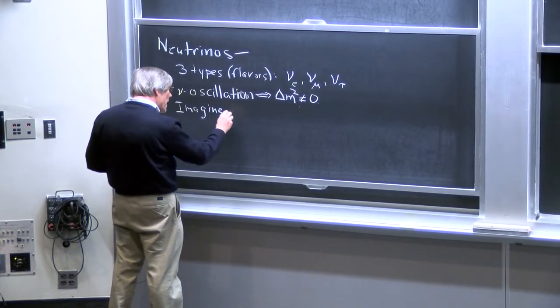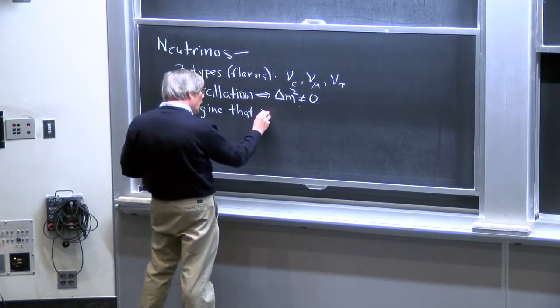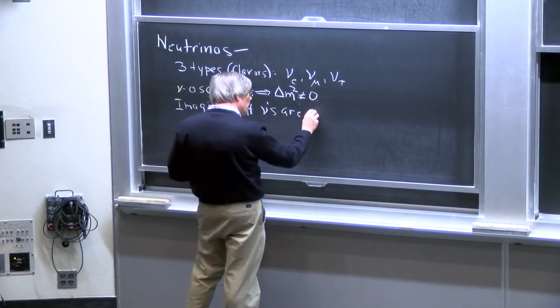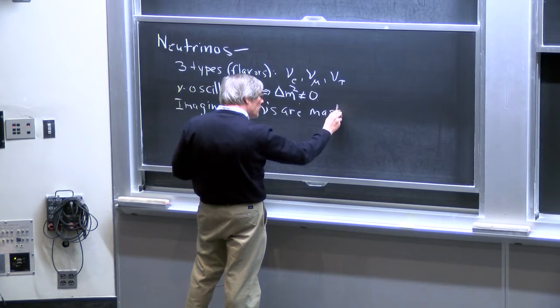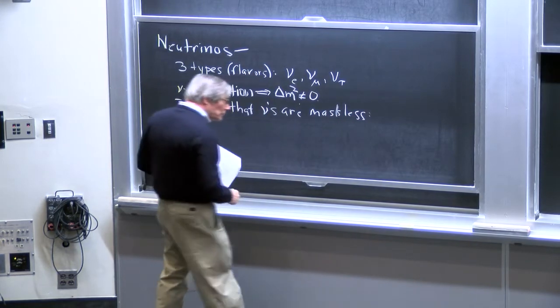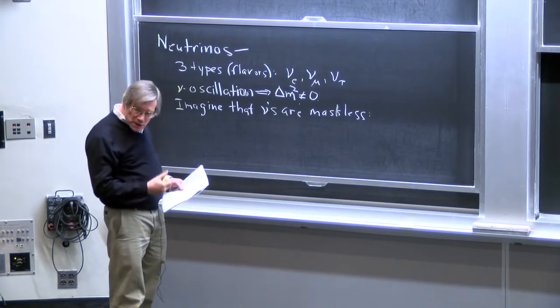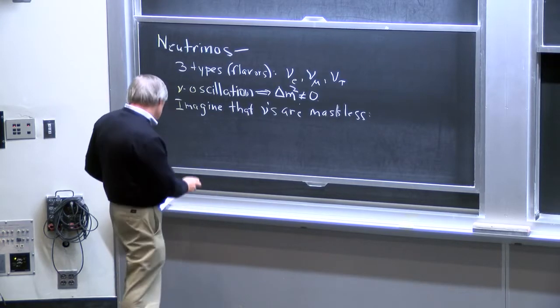So we're going to start out imagining that the neutrinos are massless. And in that approximation, there is only one spin state for a neutrino, and it's left-handed.